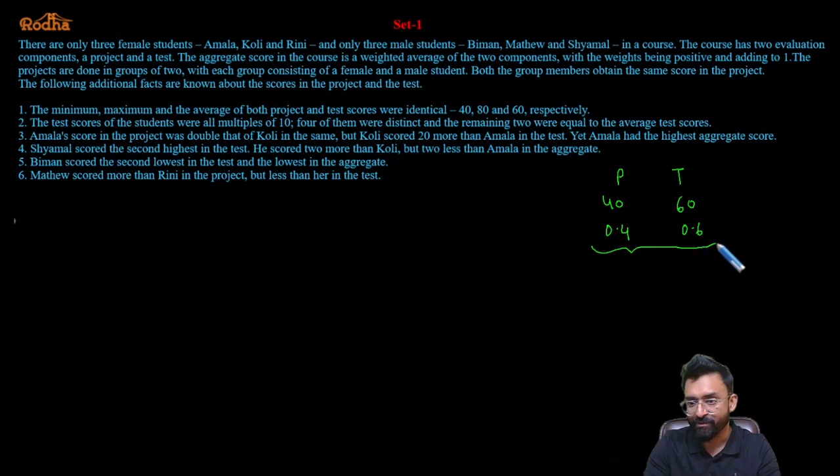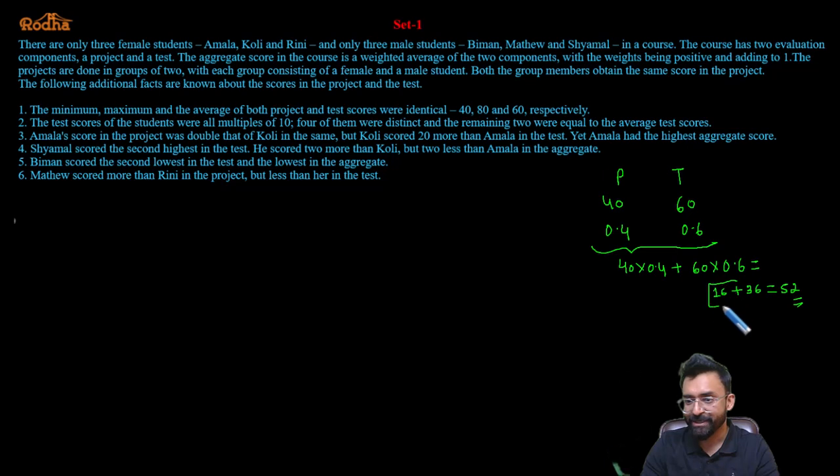Aggregate score will be calculated 40 into 0.4 plus 60 into 0.6. That's how aggregate score will be calculated of that person. 40 into 0.4 is 16 and 60 into 0.6 is 36. That will make it 52.